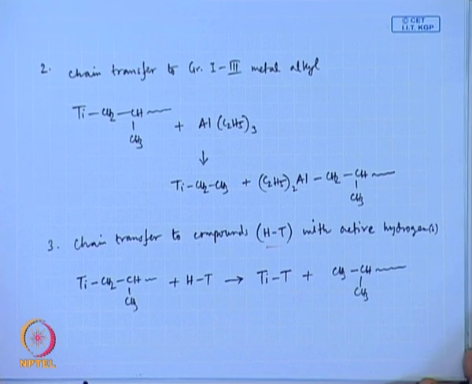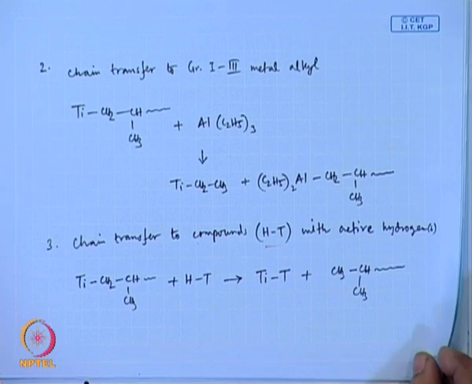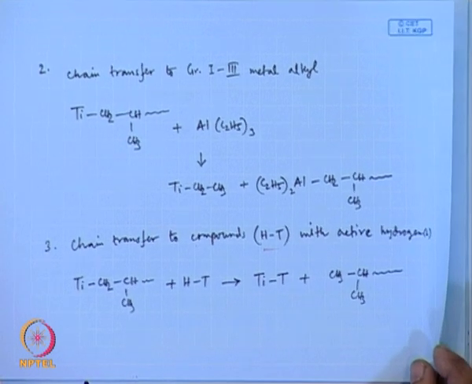So, this is all about Ziegler-Natta polymerization, and the majority of industrial olefinic polymers were synthesized by this generic Ziegler-Natta catalyst combination until the discovery of metallocene catalyzed coordination polymerization.